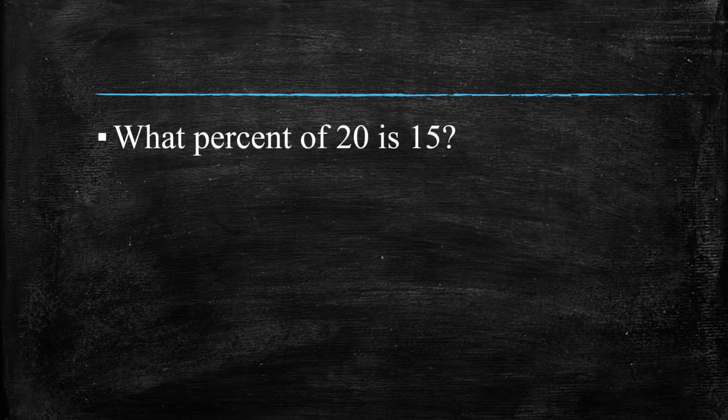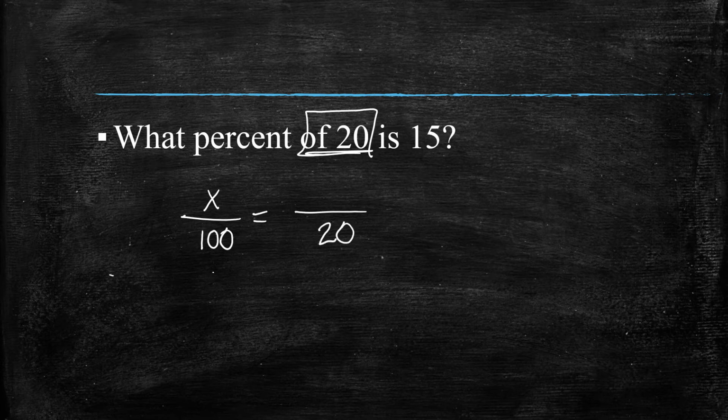What percent of 20 is 15? So this time we're solving for the percent. So x over 100, because we don't know the percentage, of 20, so of goes on the bottom, is 15, so 15 is our is.